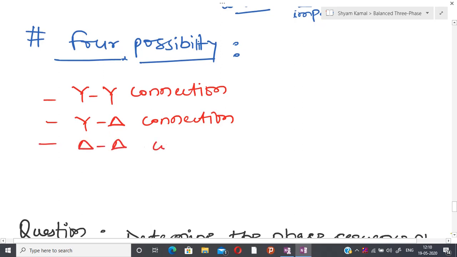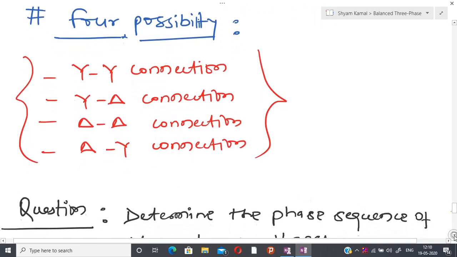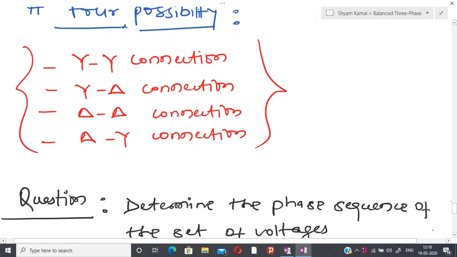Similarly, I have delta to delta connection, and the final one I am going to talk about is delta to Y connection. So in this way I have four different possibilities. I will discuss each possibility by taking one lecture.